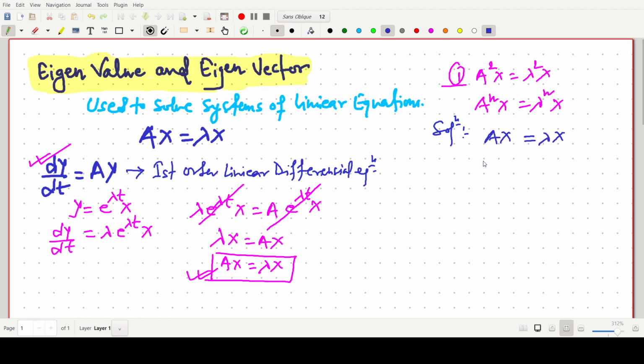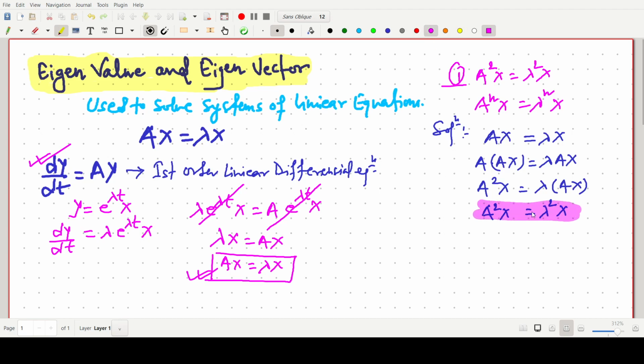If we multiply A on both sides, we get A square x, and on the right side we take lambda as a constant times Ax, and now this Ax is equal to lambda x. So it should be lambda square x.